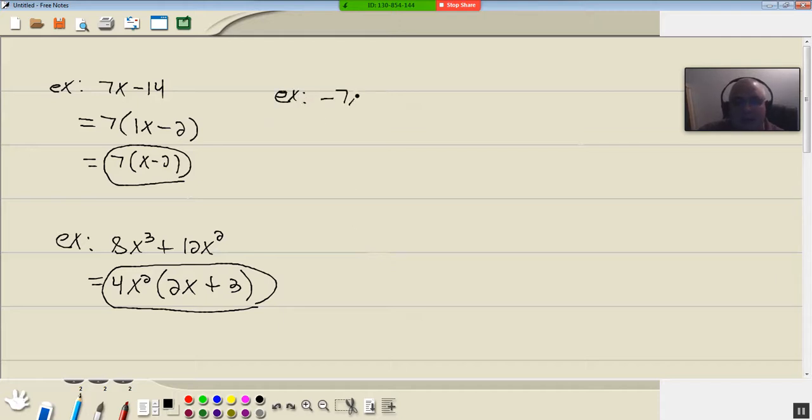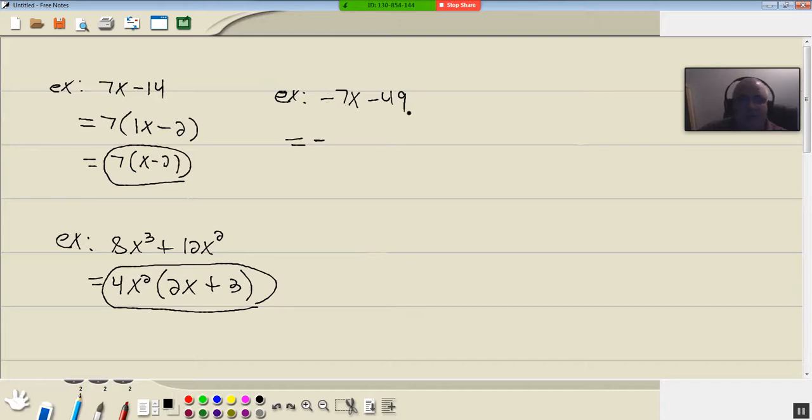Now if I had negative 7x minus 49, I won't write down this note, but what it says is when you're doing GCF, if your first term is negative, you always factor out a negative no matter what. Well, here our first term is negative, so I know I'll bring a negative out.